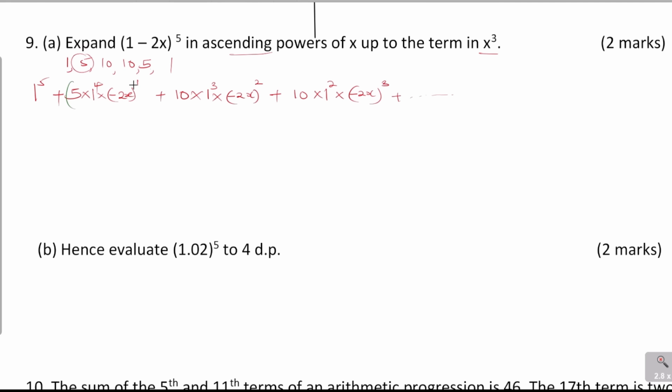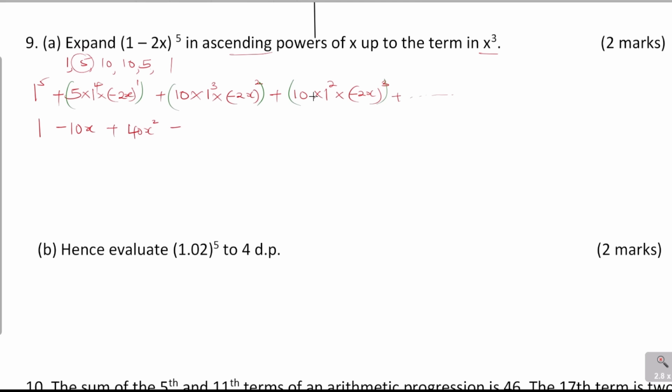So now we need to simplify all these. The first one, 1 to power 5 is 1, and then 5 multiplied by negative 2x will be negative 10x. Then this one will be positive 10 multiplied by negative 2x squared, that will be 4x squared, times 10, that will be 40x squared.